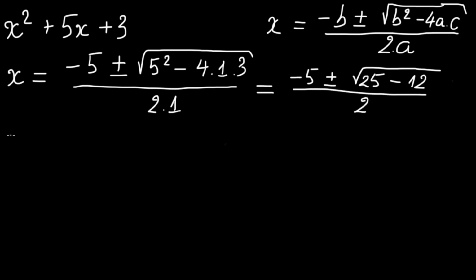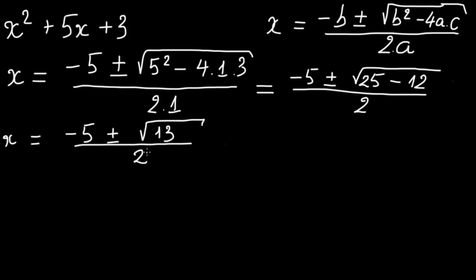And x equals negative 5 plus or minus the square root of 25 minus 12, which is 13, all divided by 2. So this is the solution for the given quadratic expression, right? So we want to factor this out.